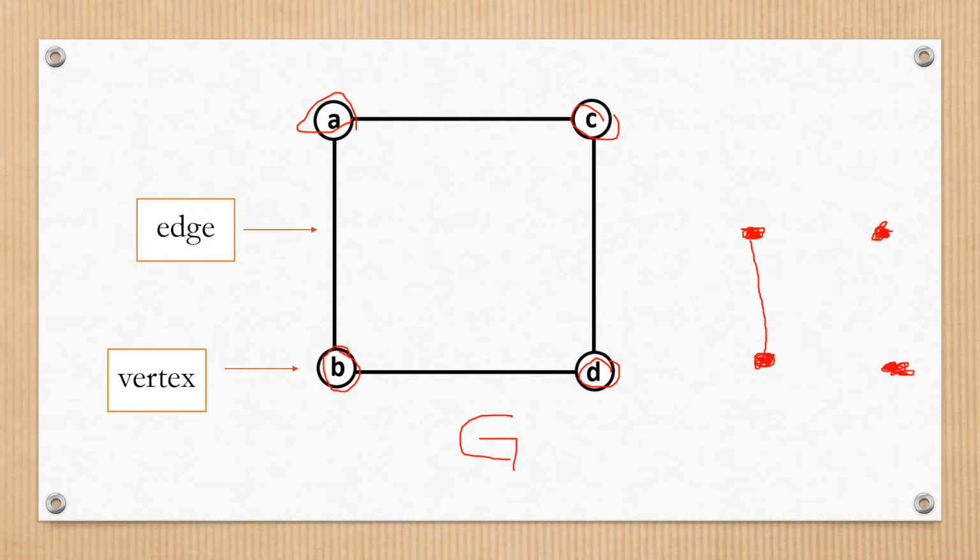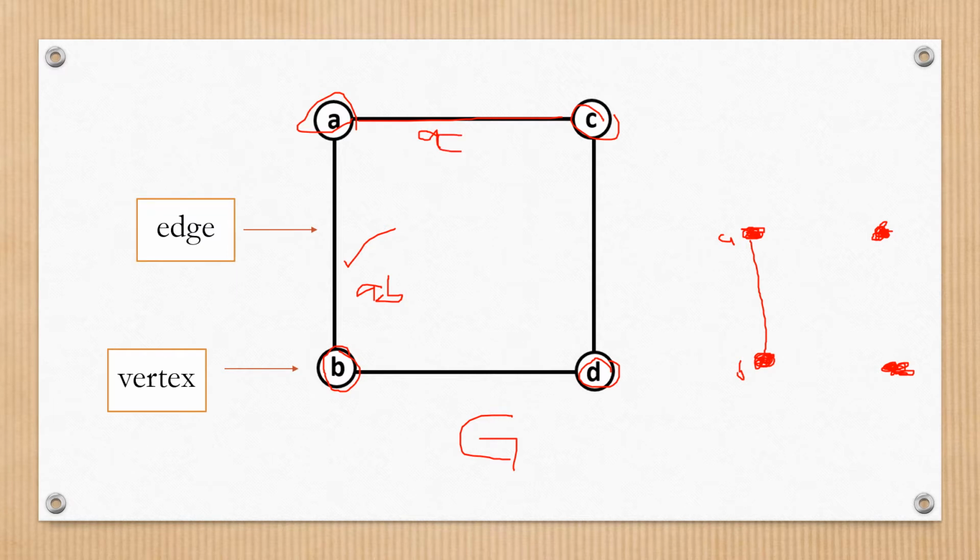Vertex A and B are connected because of this edge, so we can name this edge as edge AB. Another edge connects vertex A and C, so we can name this edge as AC.